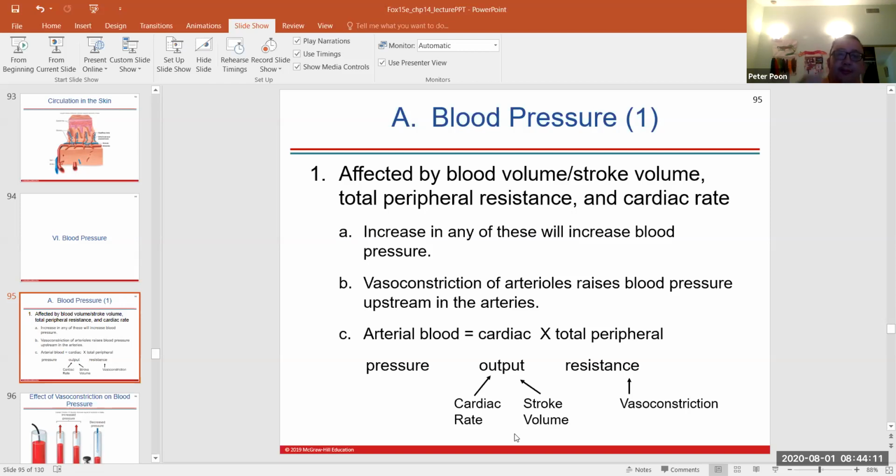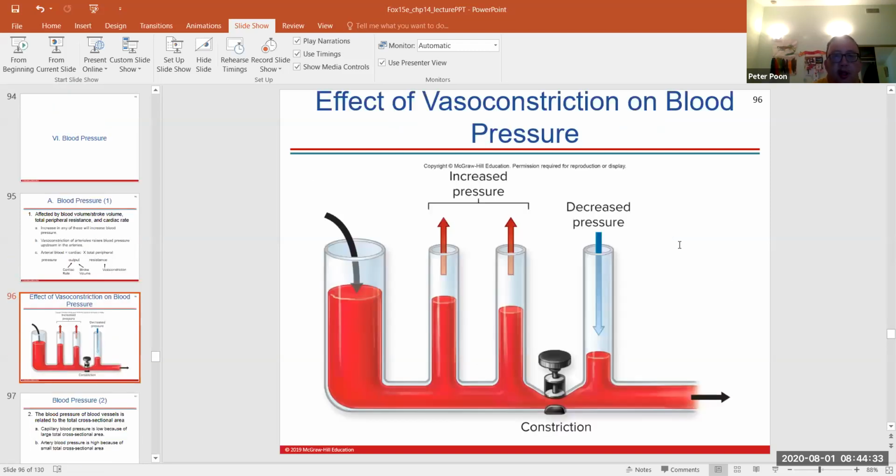So blood pressure is affected by blood volume, stroke volume, PPR, and cardiac rate. I like talking through pictures.